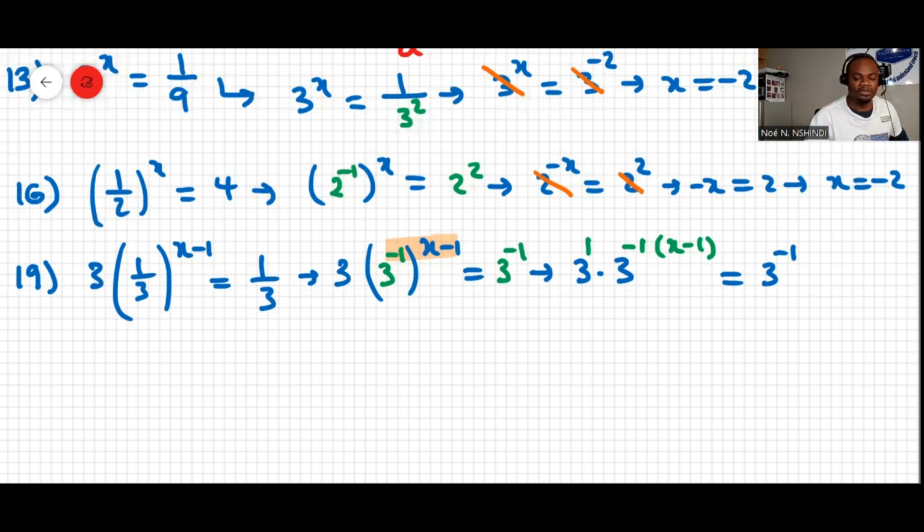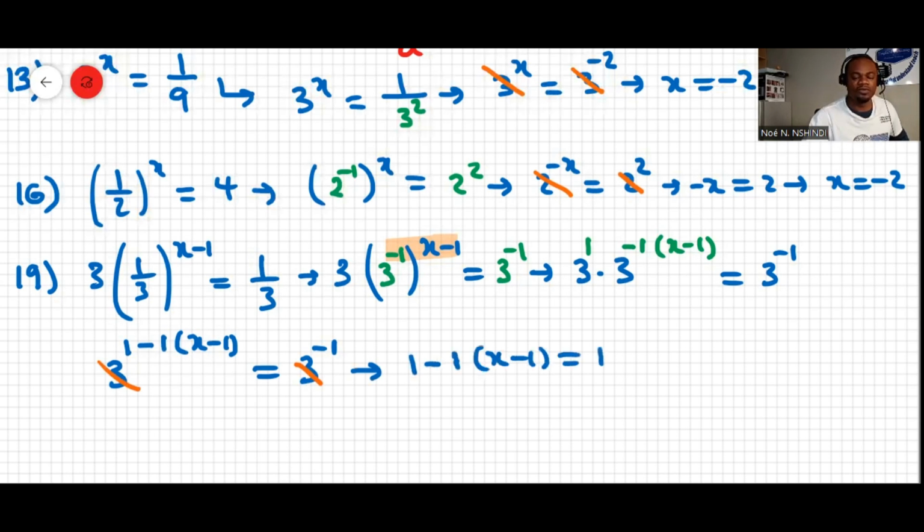Now we can combine the terms on the left. That's going to be 3 to the 1 minus 1 open bracket x minus 1 equal to 3 to the negative 1. Now over here we can just drop the bases, and then we will have 1 minus 1 open bracket x minus 1 equal to negative 1.